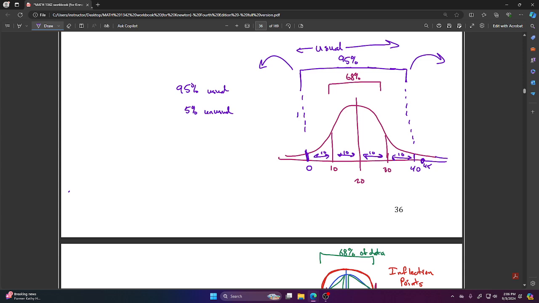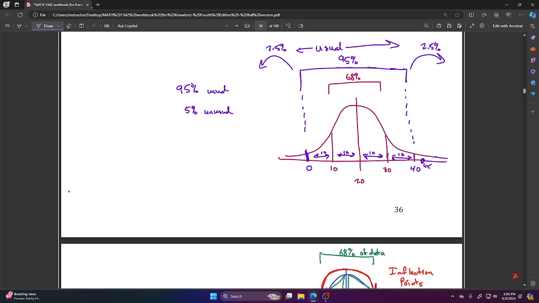Again, I kind of picked some bad numbers because negatives don't make a lot of sense on here. But you would have on this side 2.5% and another 2.5% on either side, because it's symmetric, right? So if you have 95 in the middle, you got 5 left over, you split it in half. 2.5, 2.5.